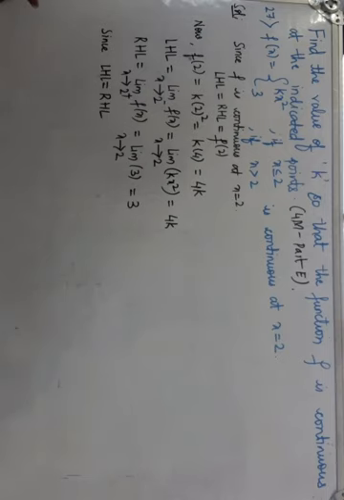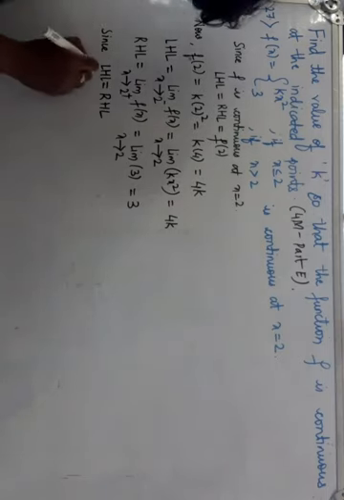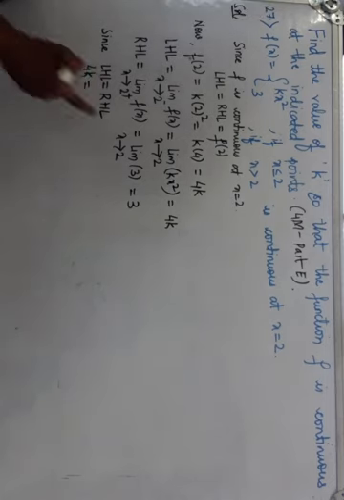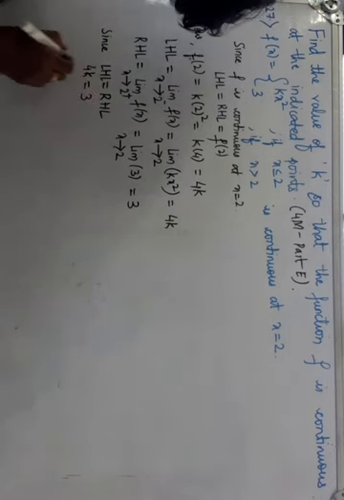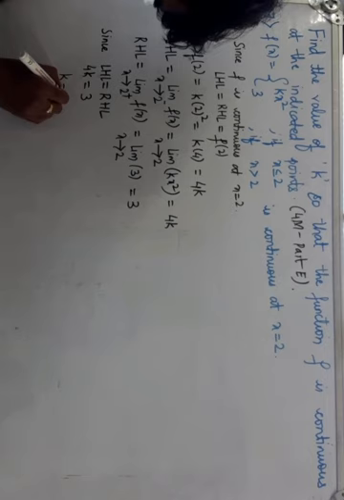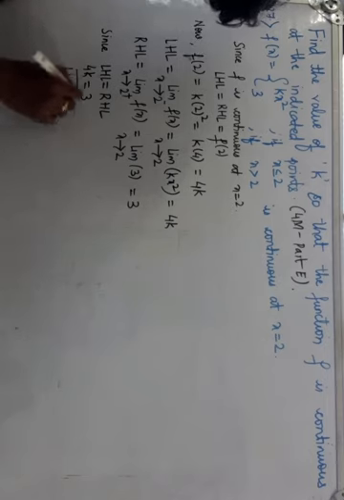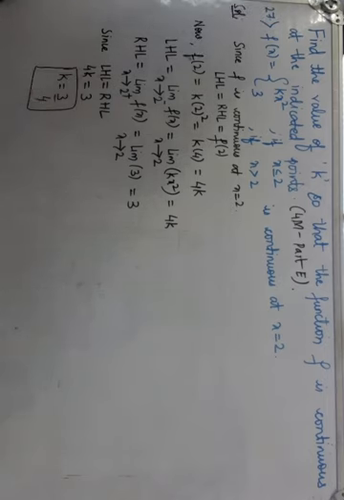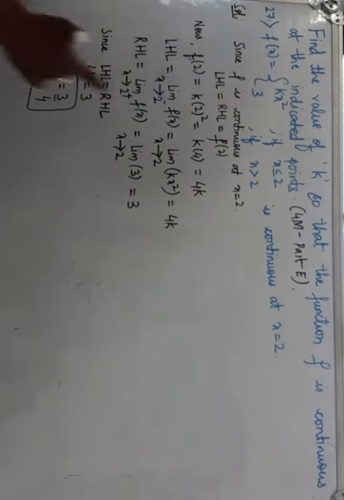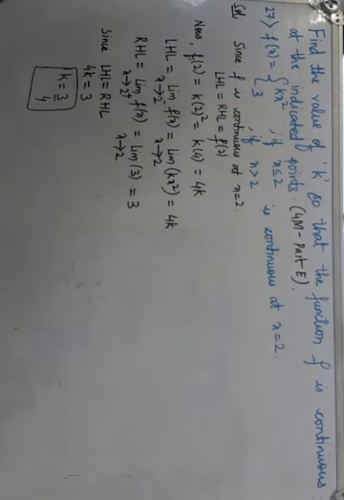Since the function is continuous, LHL value is 4k, RHL value is 3. So from this k will be 3 over 4. This is a very simple example. They ask even this for 4 marks. All these examples which I am solving now are frequently asked in the board exams. This is the value of k. K is equal to 3 over 4.